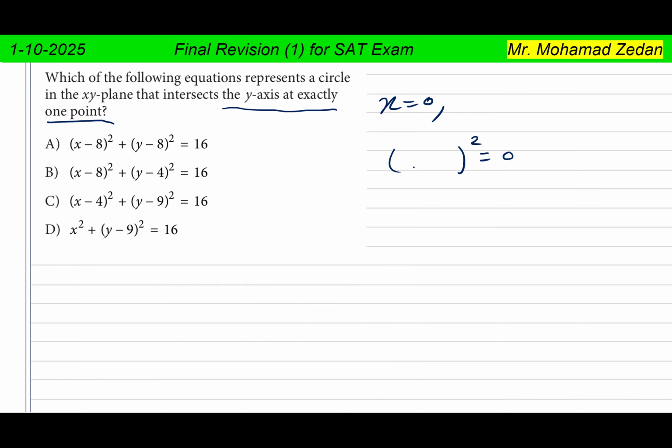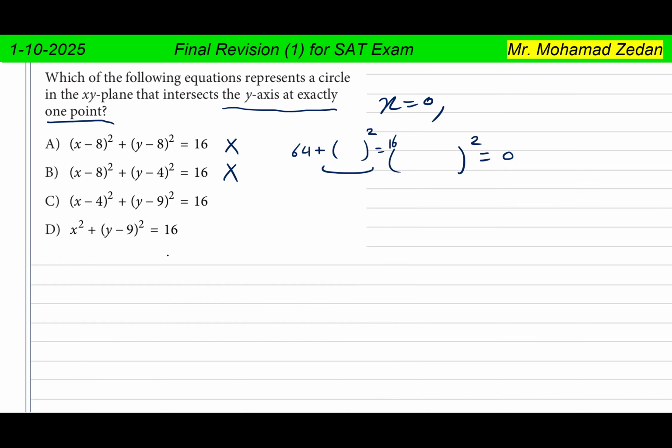You must get it like this. So we try to put x as 0 in the first one. You will not get any answer because 8 squared will be 64. I don't have a 64 plus a real number giving 16, because all values squared are positive numbers. Even the second one is incorrect. Try C or D, please.